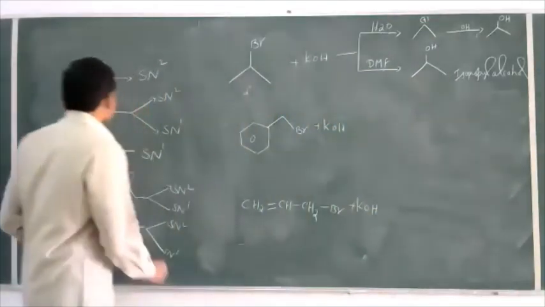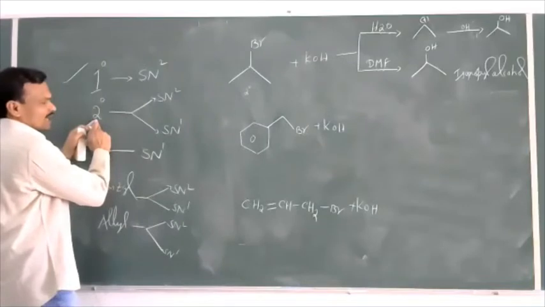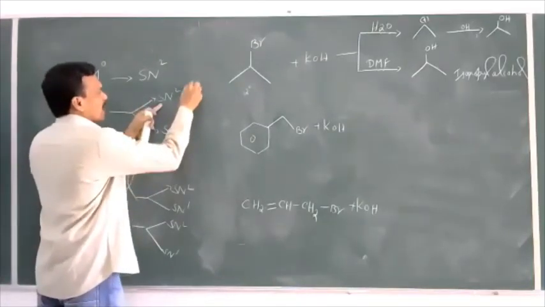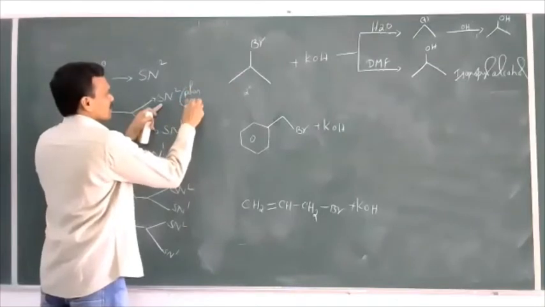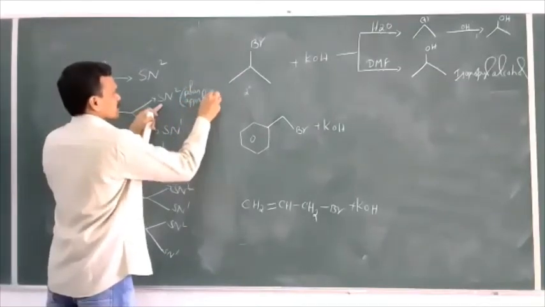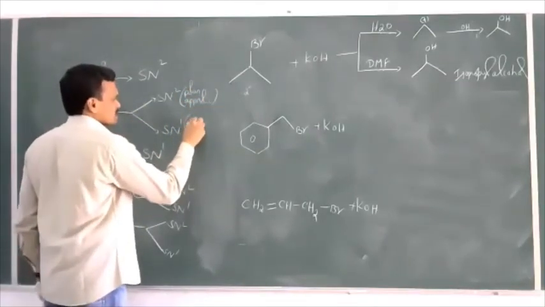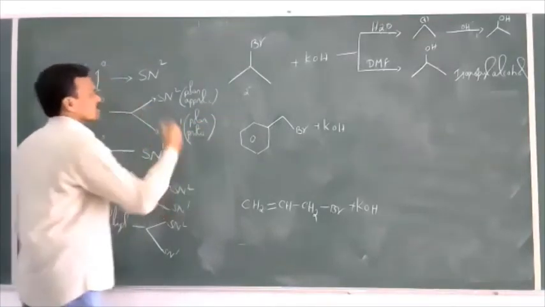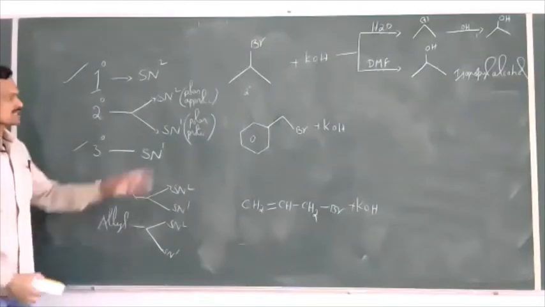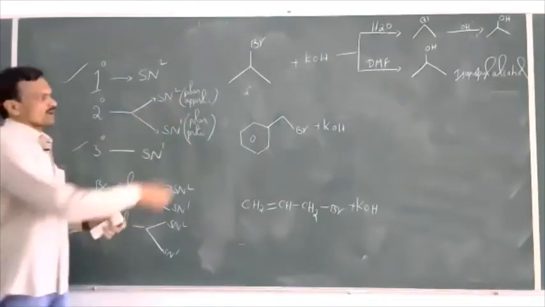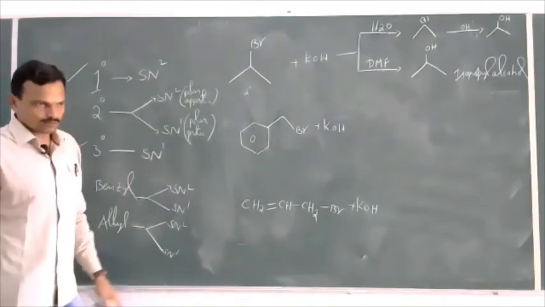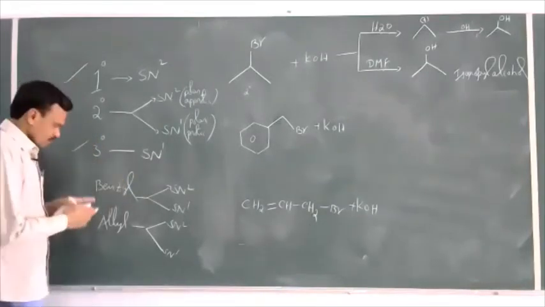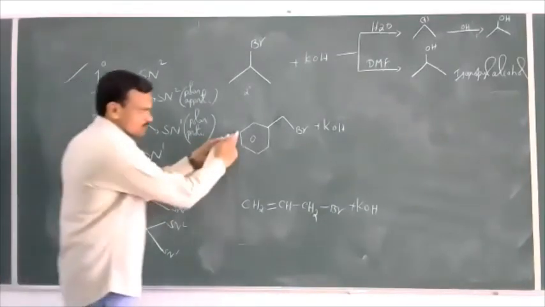So here secondary haloalkanes give SN2 in polar aprotic solvents, whereas SN1 takes place in polar protic solvents. Polar protic solvent favors SN1, polar aprotic solvent favors SN2 mechanism for secondary haloalkanes. Tertiary use SN1.